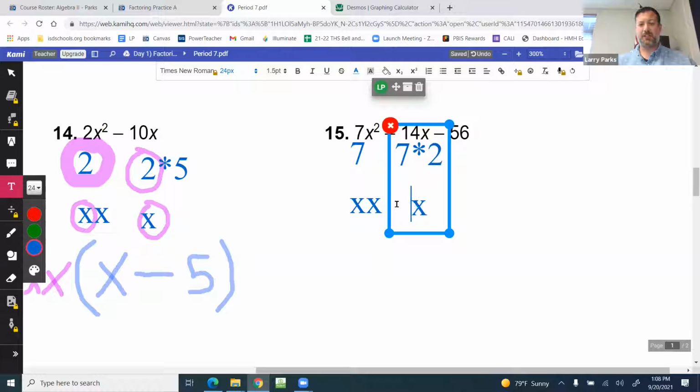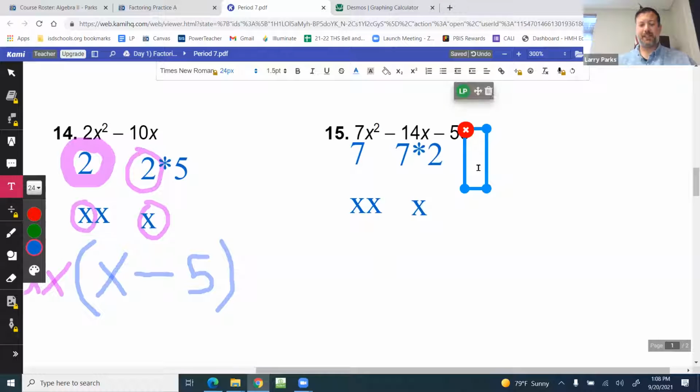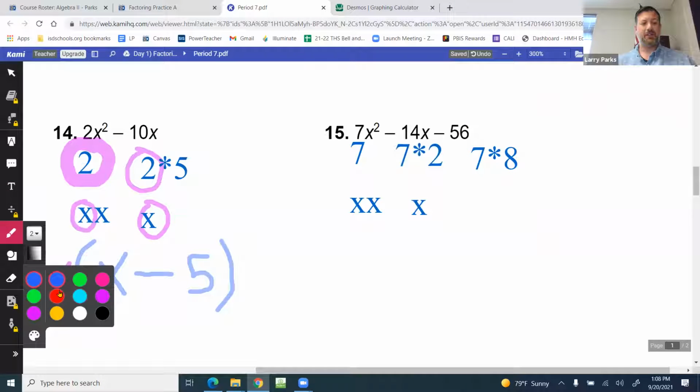And I'll move the x over so it's more clear. And then 56, I could break that into 7 times 8. And so when I'm looking for common factors, I look, and the only thing this has is a 7. So I have a 7, I have a 7, I have a 7. The 7 must be in all 3 to be called a common factor.